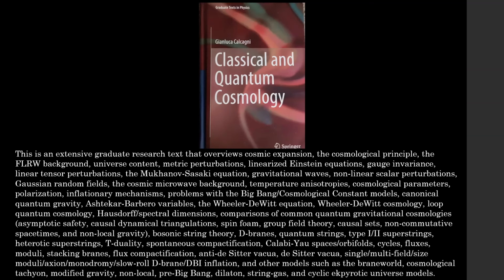And you go into dilaton, cyclic, aperiodic universe models, de Sitter and anti-de Sitter vacua, and all of these interesting things that are involved in the modern study of classical and quantum cosmology.